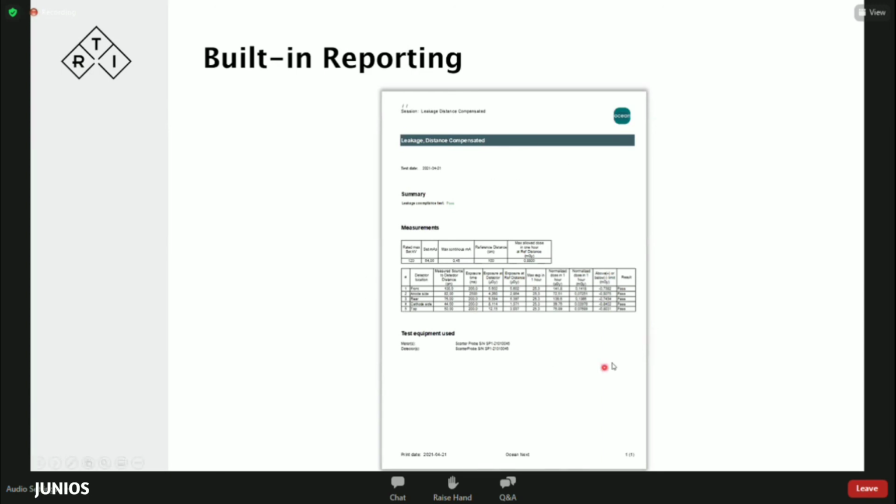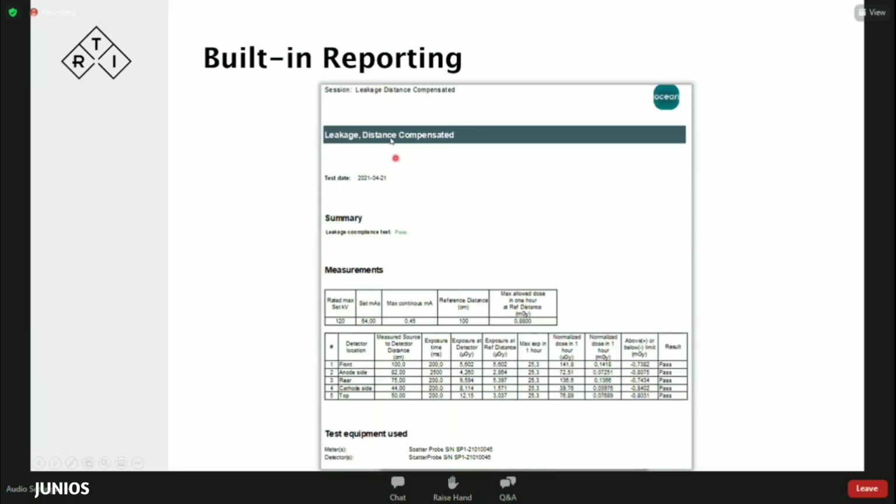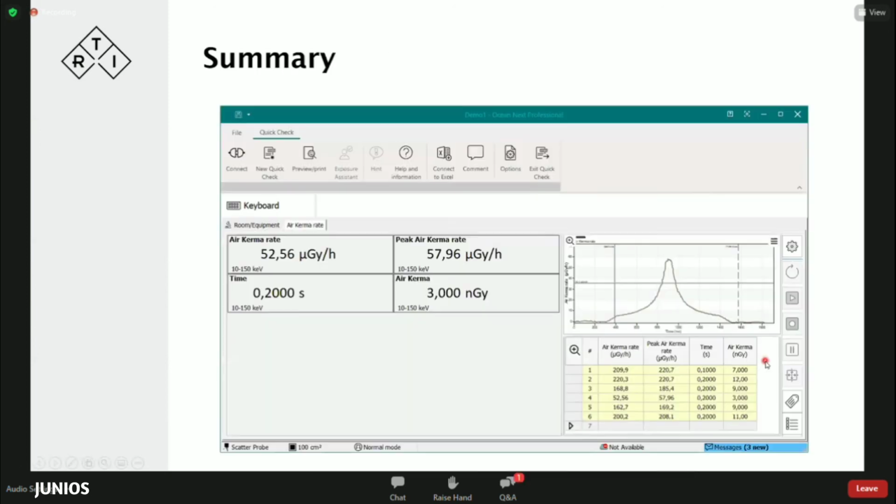On this report, what we have here is leakage distance compensated. You have all the measurements you took, the details of the test date, the summary of the test, and you can also have the serial number of the detector that was used.